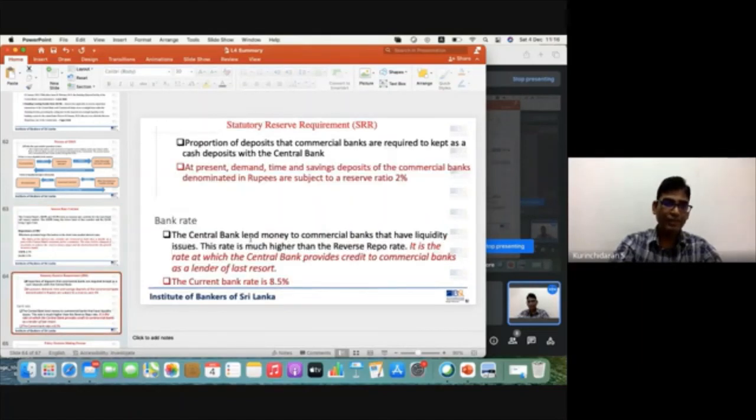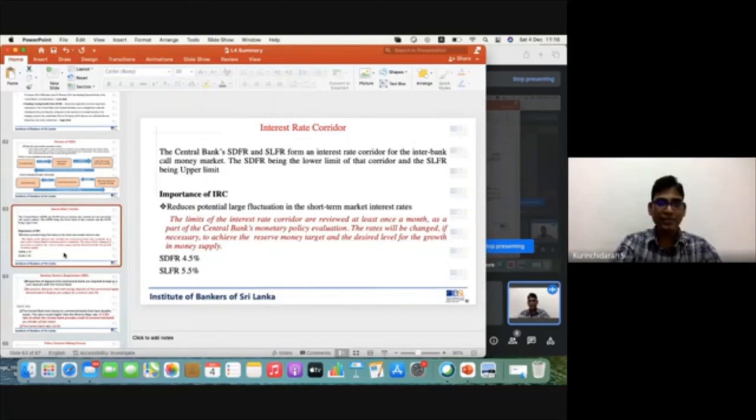With the bank rate, in a crisis situation, you are going to borrow from the central bank at a rate of 8.5%, right? But with this one, in a liquidity shortage period you are going to borrow, or if you have excess liquidity, you are going to park, right?